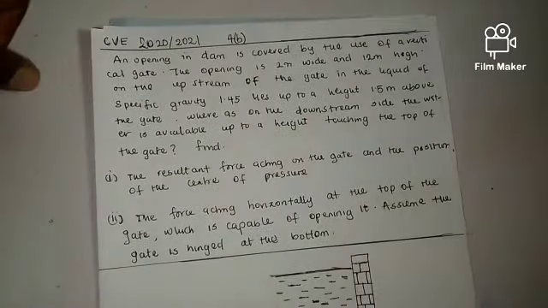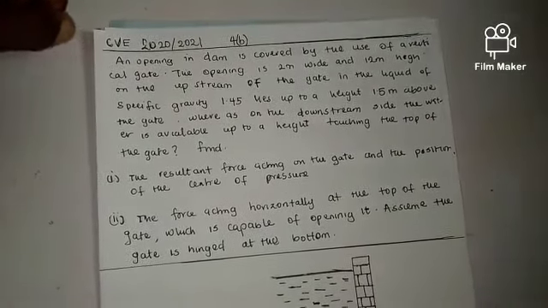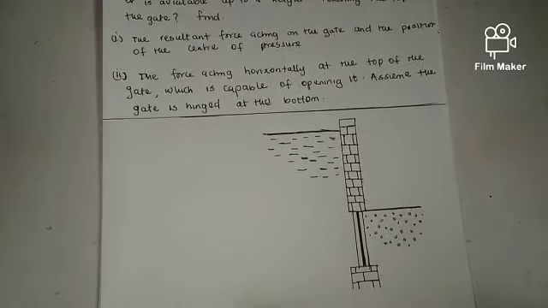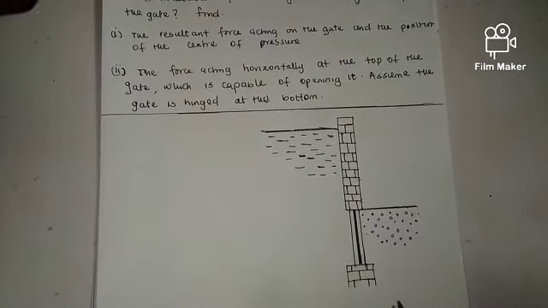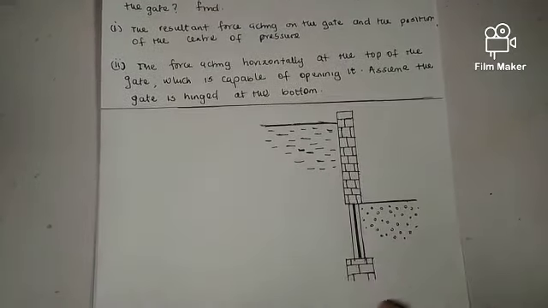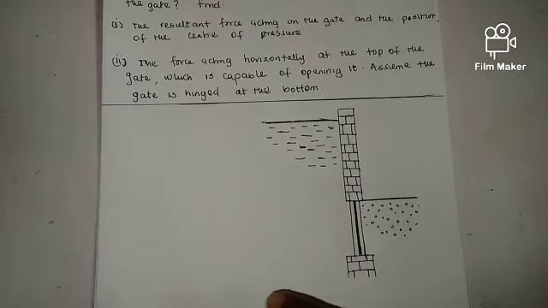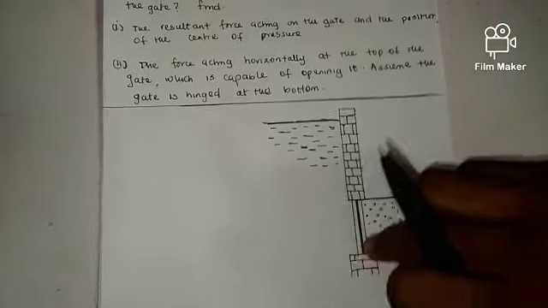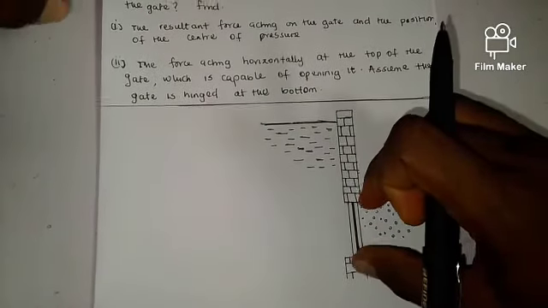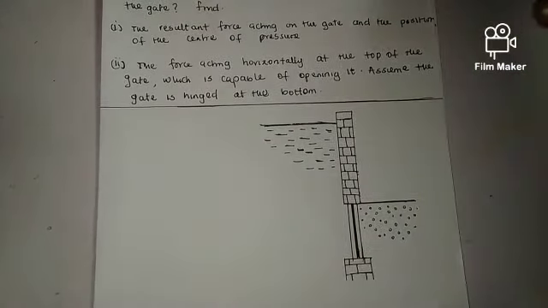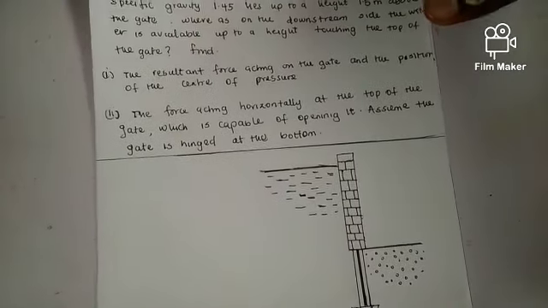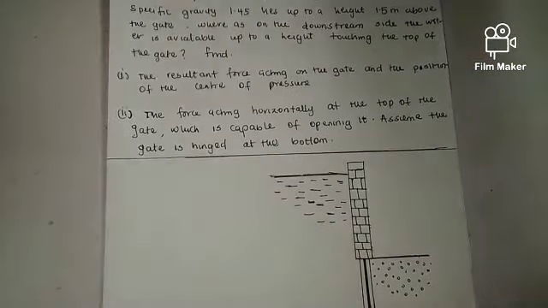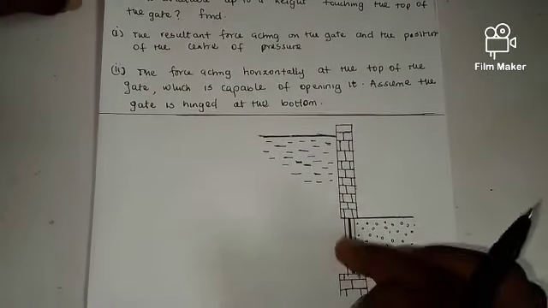They said an opening in a dam is covered with the use of a vertical gate. This is supposed to be the obstacle blocking the flow of water from coming here, and also from coming here. So this is basically a dam. There is an opening here, and this particular gate is used to block the flow of water. The opening in the dam is 2 meters wide and 1.2 meters high.